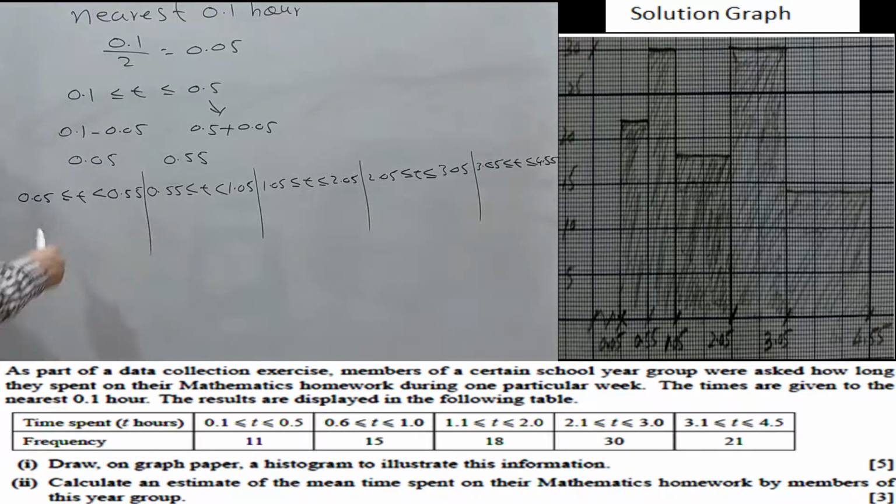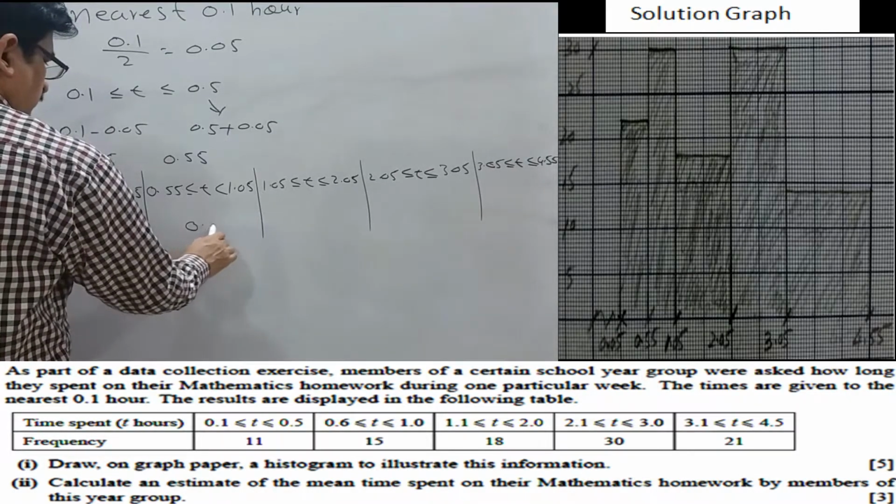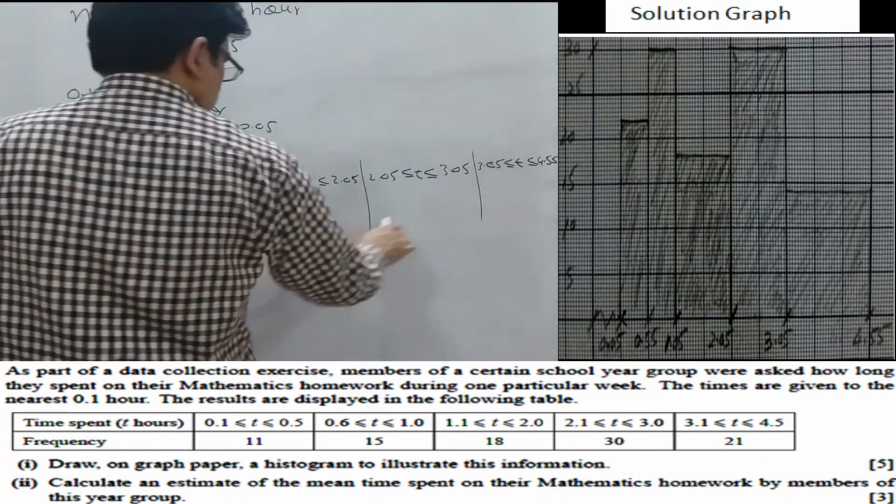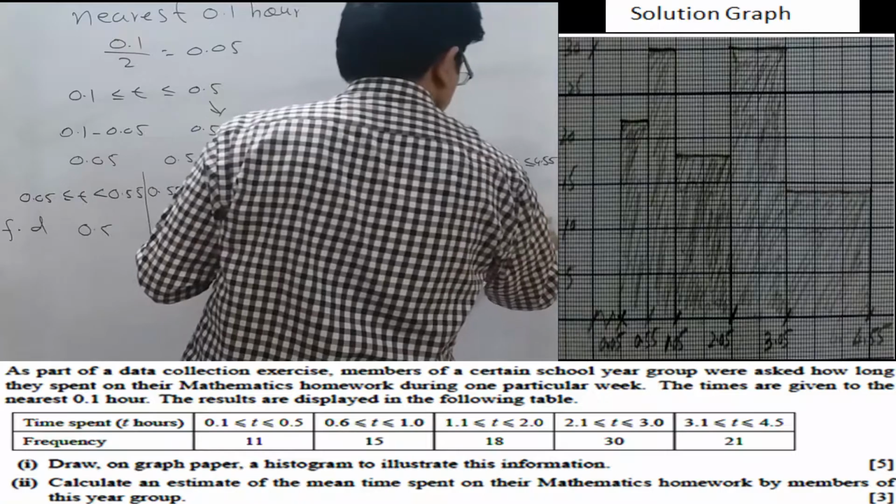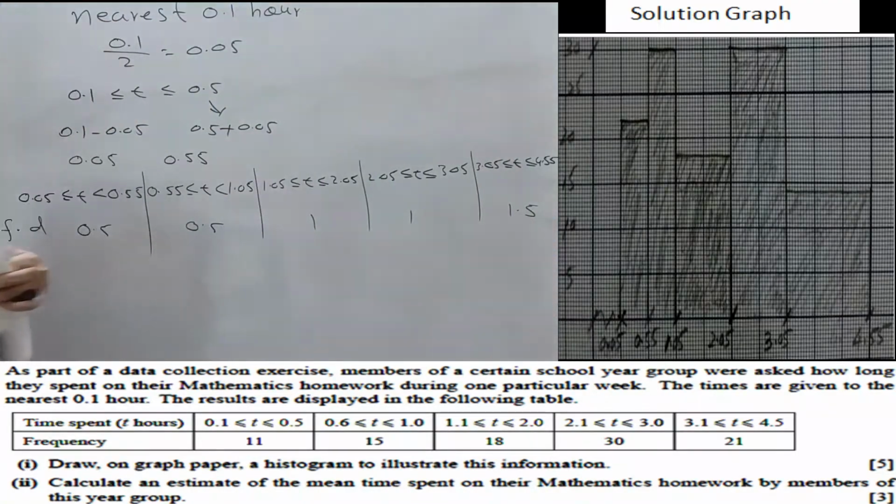So these are now the final class boundaries. Now you will make frequency density, frequency divided by class width. So you will get frequency density to be 22, 30, 18, 30 and 14.